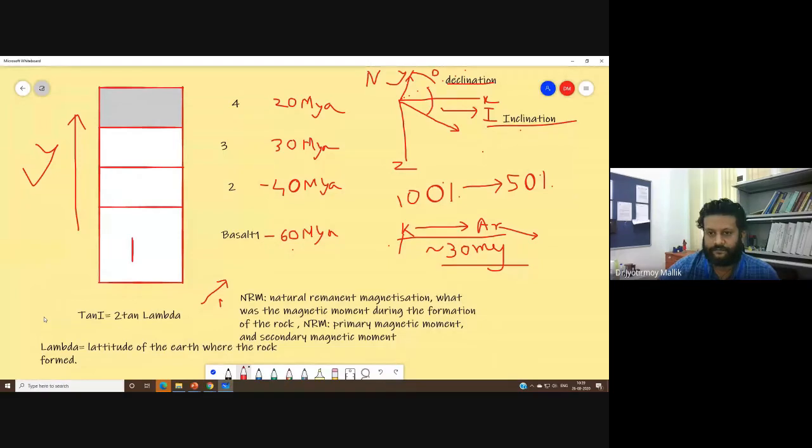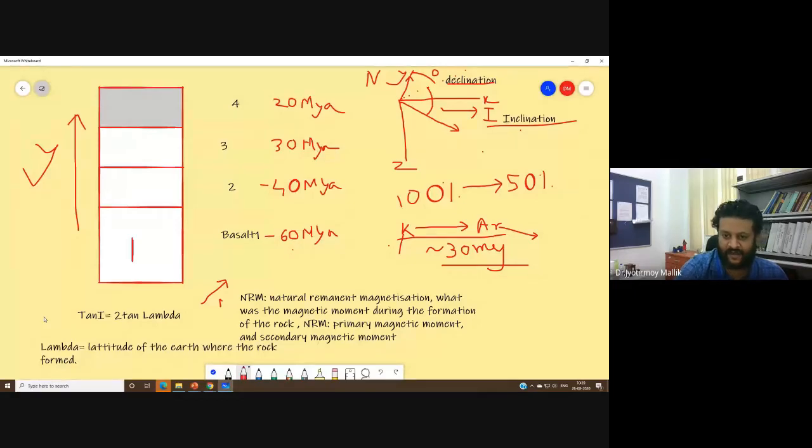So I take a sample out, I do some radiometric dating, and I find a radiometric age of 60 million years. Then I take the sample to my magnetic laboratory and measure the NRM, the natural remanent magnetization. That is the magnetic moment as it is.